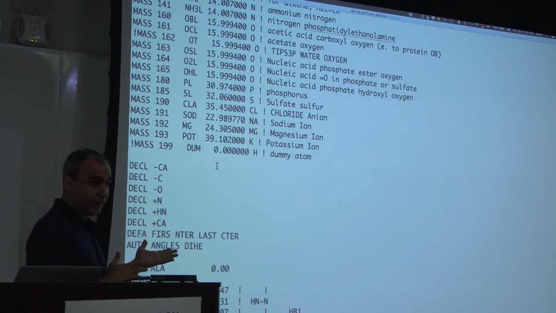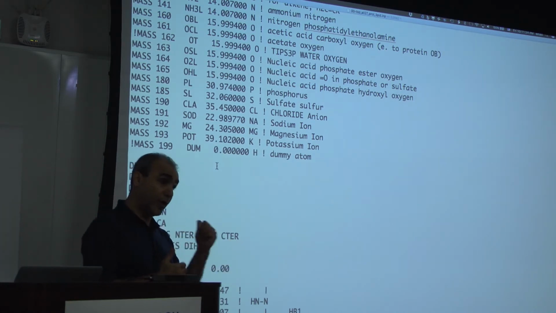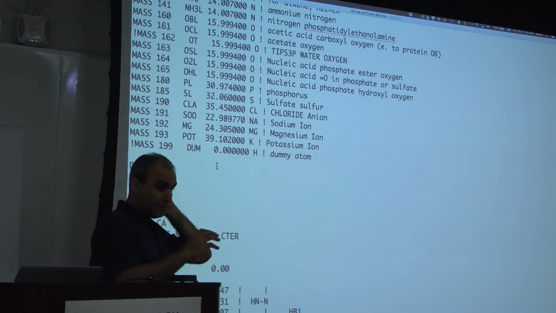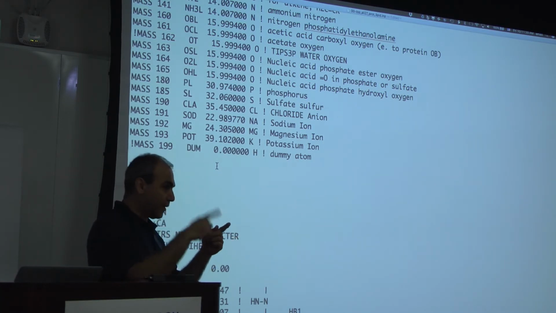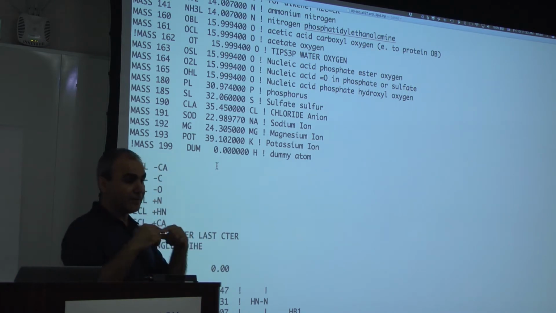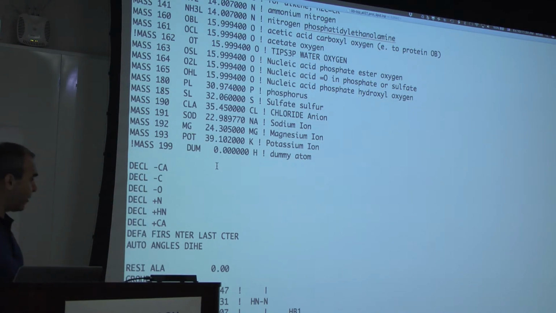That makes it much easier if you are trying to develop your own drug parameters or topology file first. Bonds are easy, you just see them: this is connected to that. Bond angles and dihedral angles have many, many combinations, and it's more tedious to specify all of them.